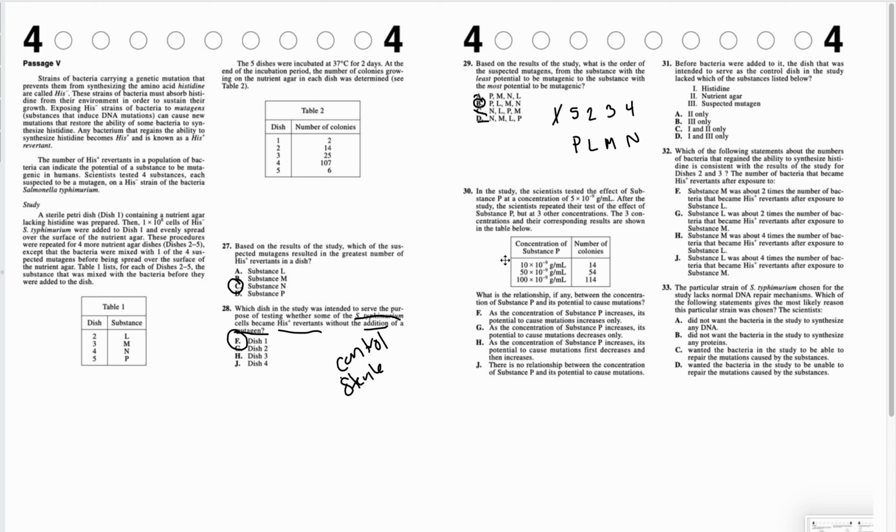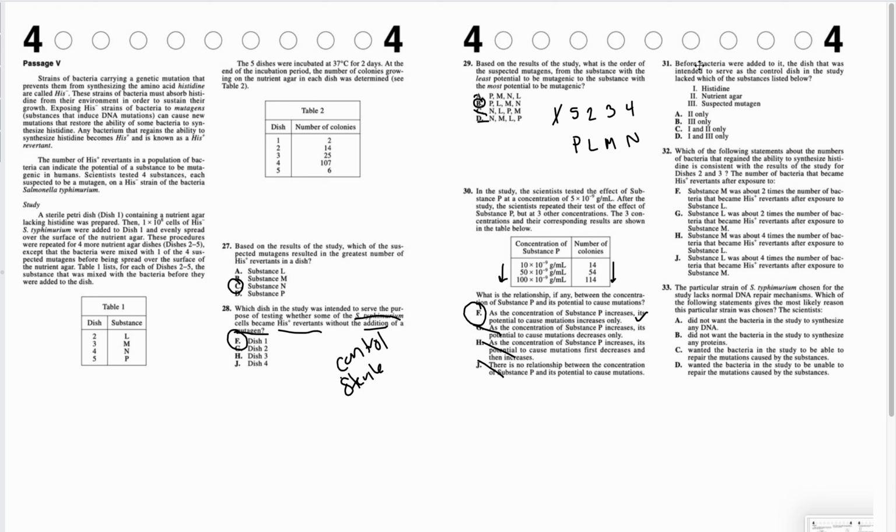This increased and this also increased, so that one's a true statement. The statement that it decreases only is not true. The one that says it first decreases, then increases is also not true. And there is no relationship, well, we said that it would increase, so that one's not true. So the answer for 30 would be F.